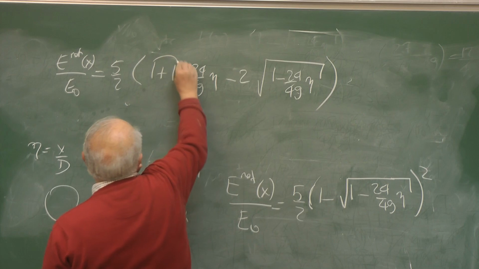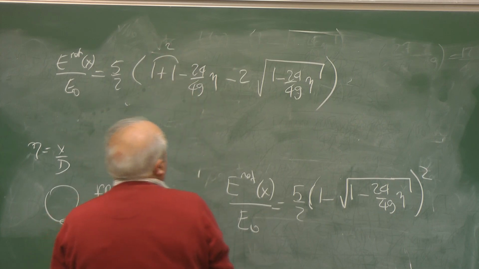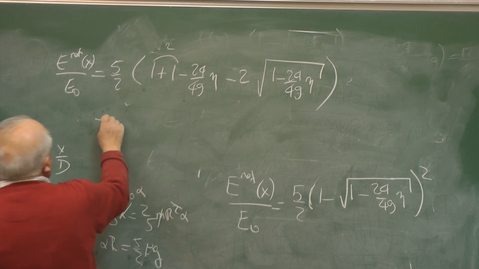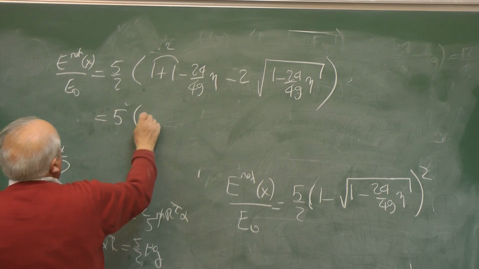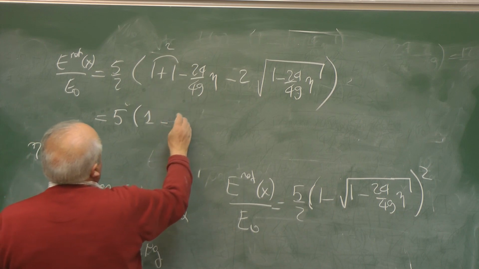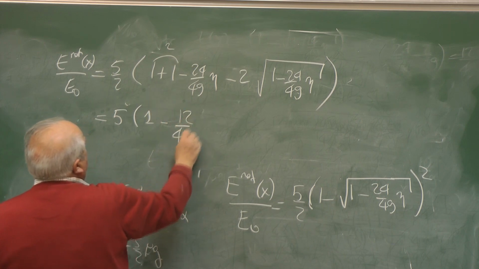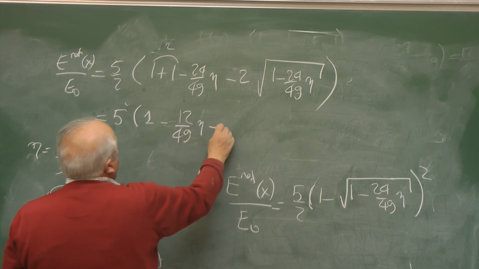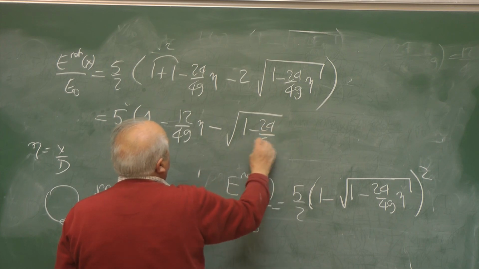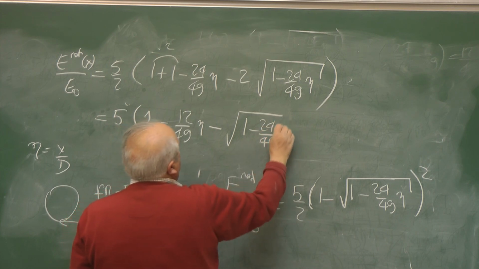So this is 2. So this is equal to 5 times 1 minus 12 over 49 eta minus root of 1 minus 24 over 49 eta.